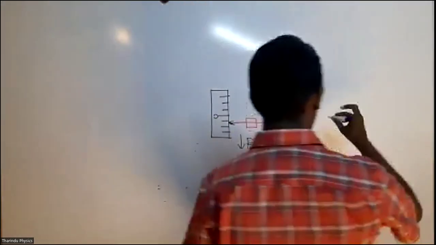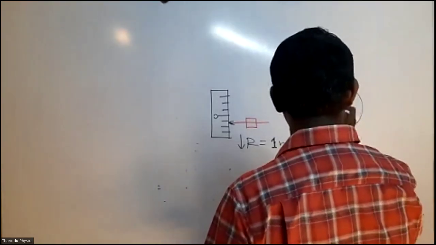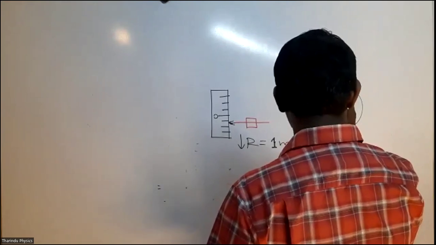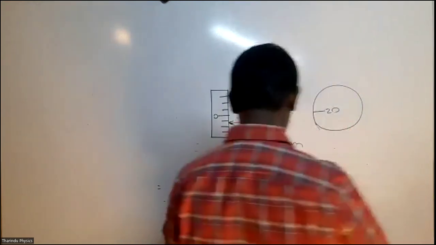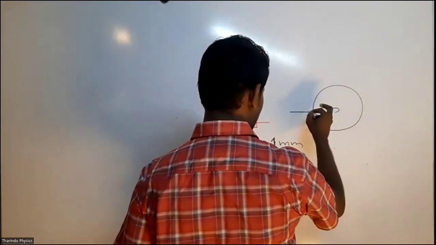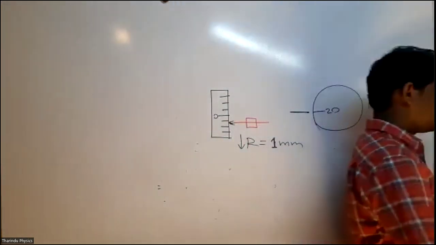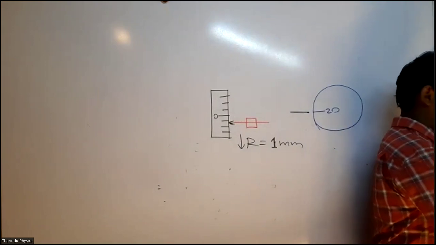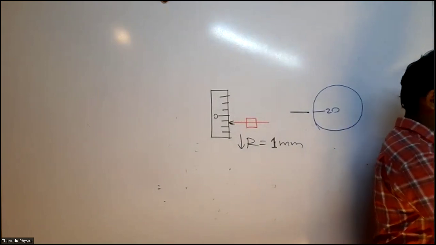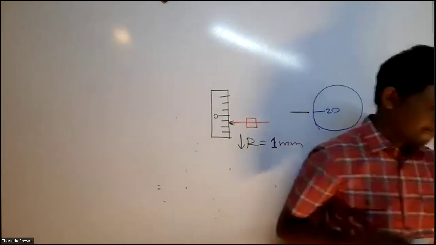Now it is going to be a very little bit tricky. Now imagine as if it shows the 20th line. This is how it is.